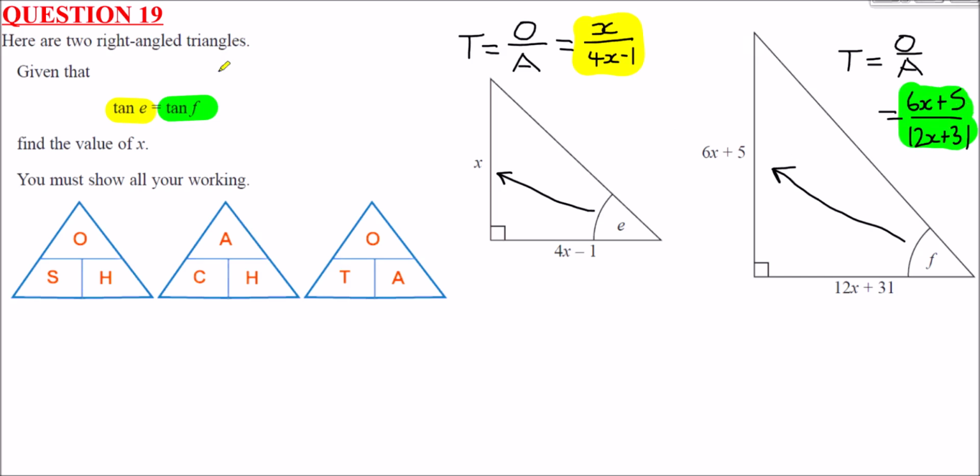Now we're told that tan E equals tan F, so therefore we can say x over 4x minus 1 has to equal 6x plus 5 all over 12x plus 31.